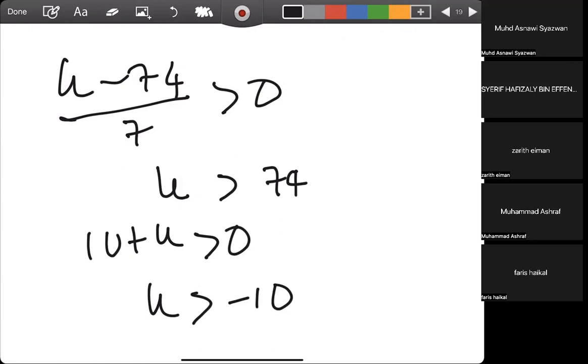So the range of stability is between 0 and 74, just K.